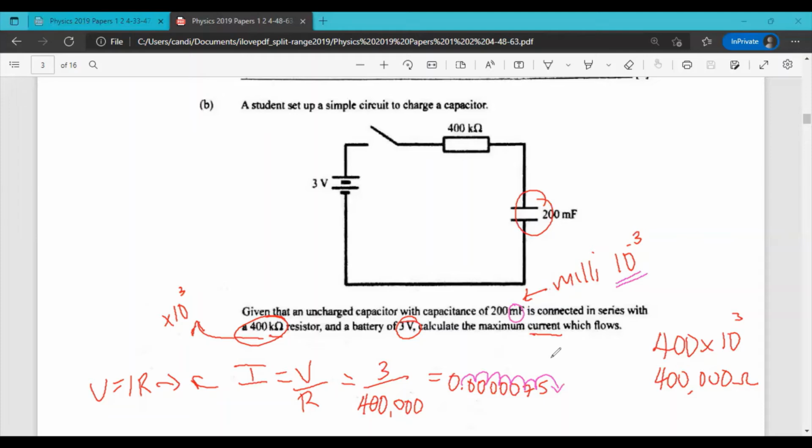So I'm going to write it as the whole number 75 times 10 to the negative 6, and I recognize that as micro. That's one step lower than milli. So my answer is 75 micro amperes, the unit for current. Okay, so I'm all good there.